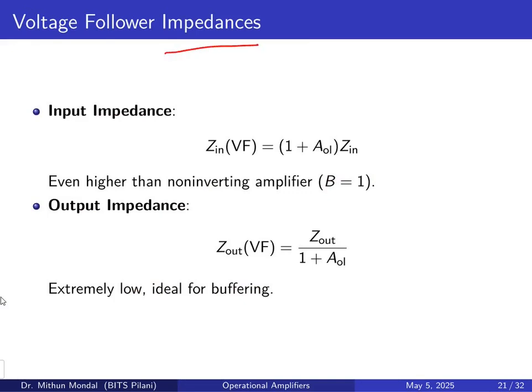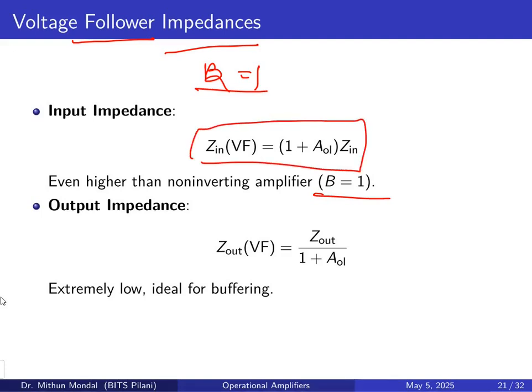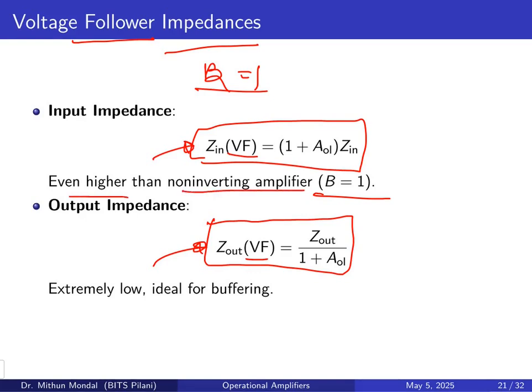If we want to compute the impedance for the voltage follower, which is a special case, so the B, that is the attenuation factor, will be equal to 1, and hence with the same formula whatever we have used earlier, substituting the B to be 1, we will get the input impedance and the output impedance under voltage follower circuit, which will be higher than the non-inverting amplifier and low, ideal for the buffering. So as compared to the non-inverting, the voltage follower impedance for the input will be high and extremely low for the output. So it will be used for the buffering.